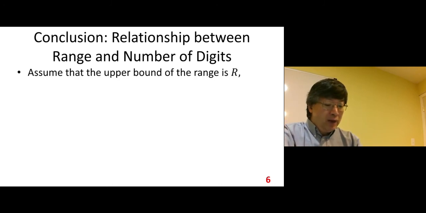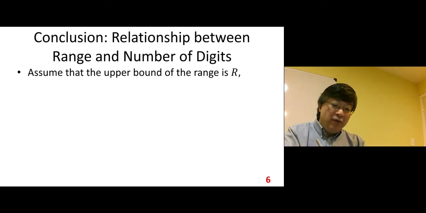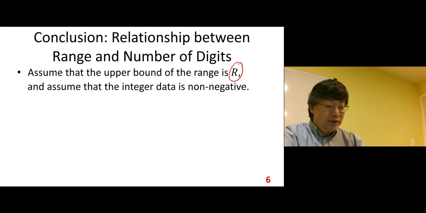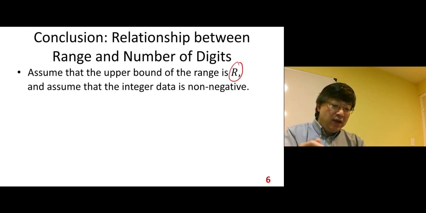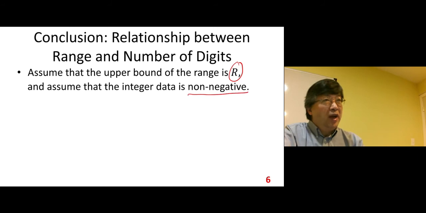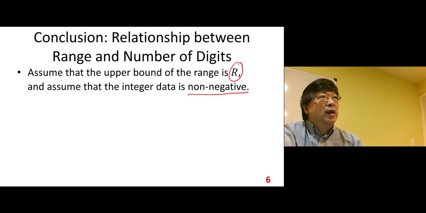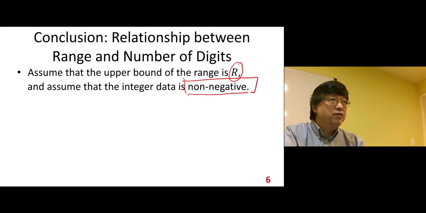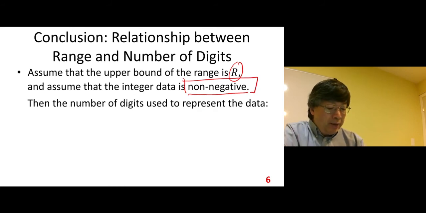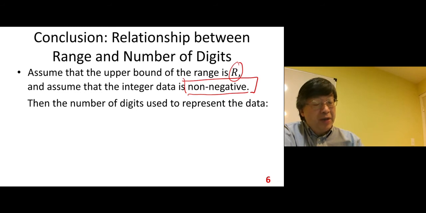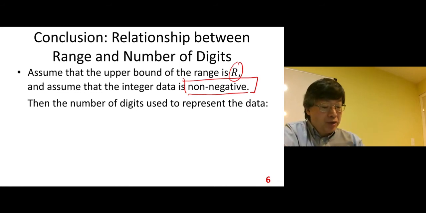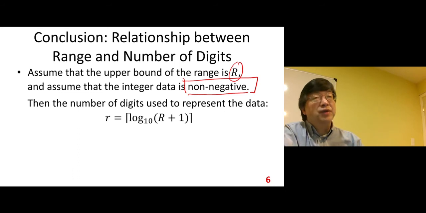Assume the upper bound of the range is capital R, and non-negative integer data, to make our discussion simpler. If we have negative data, we can do some conversion, so we consider the simpler case first. Then the number of digits used to represent the data, from our previous slide, is given by this formula.